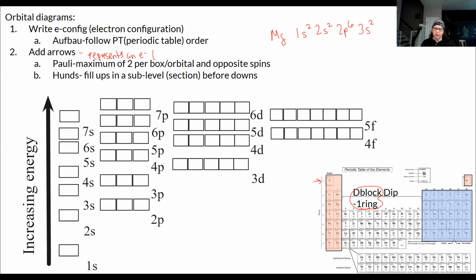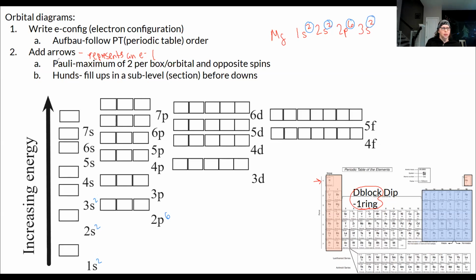So let's transfer some numbers here: 1s2, 2s2, 2p6, 3s2. The 1s2 says there's 2 electrons in the s block in row 1.